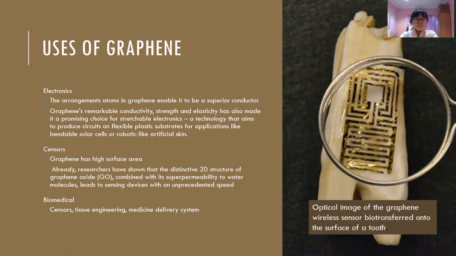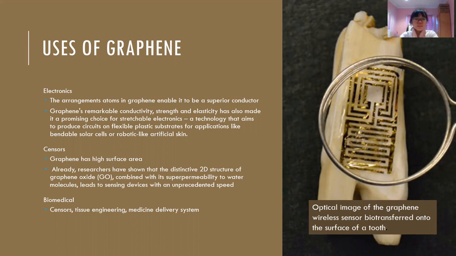Graphene has high surface area. Already, researchers have shown that the distinctive 2D structure of graphene oxide, GO, combined with its super permeability to water molecules, leads to sensing devices with unprecedented speed.